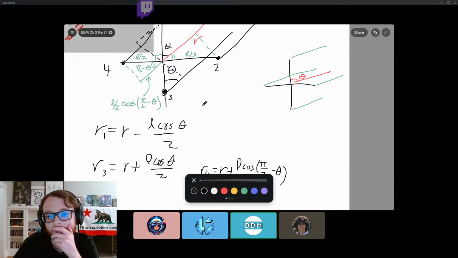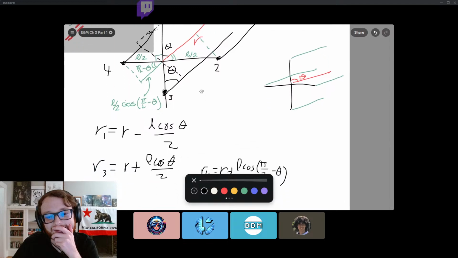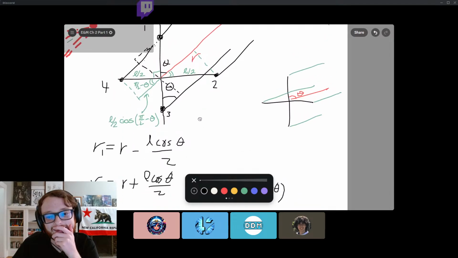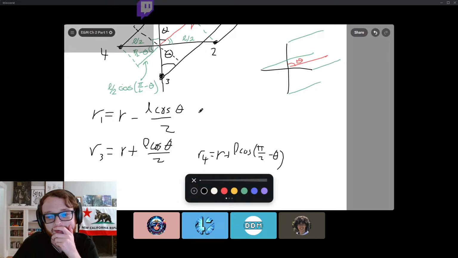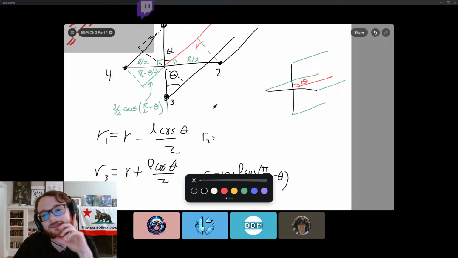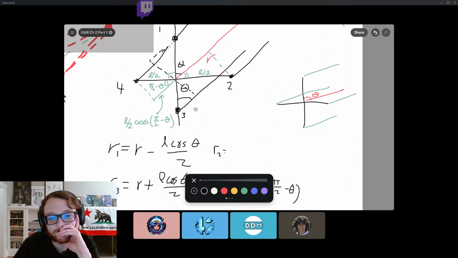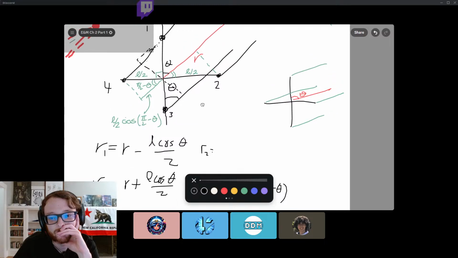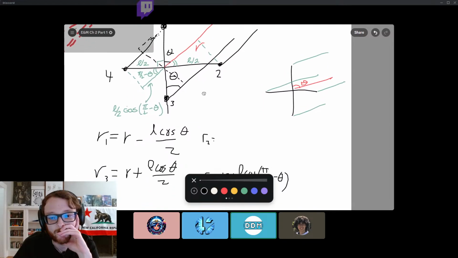So yeah, I can leave it. I was having a hard time visualizing it, but I would definitely go with your idea over mine. For R2, it'd be nice if we just subtract off the same thing.